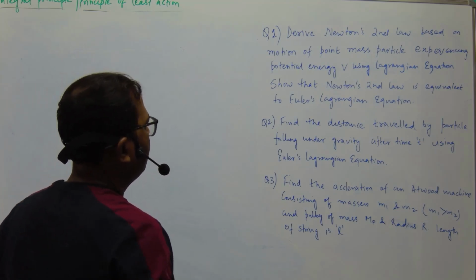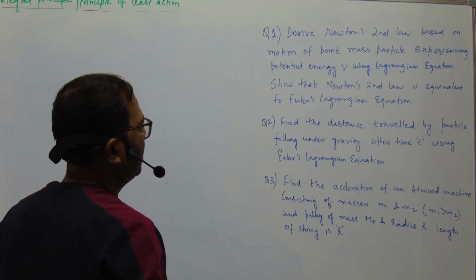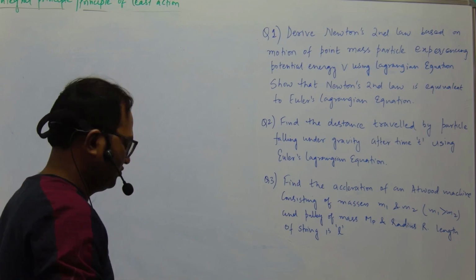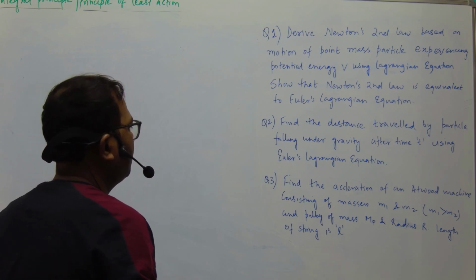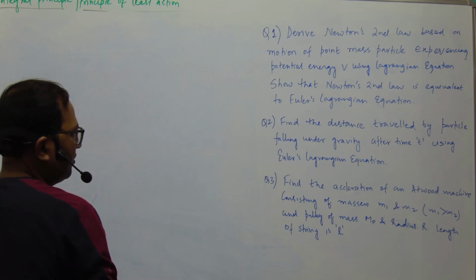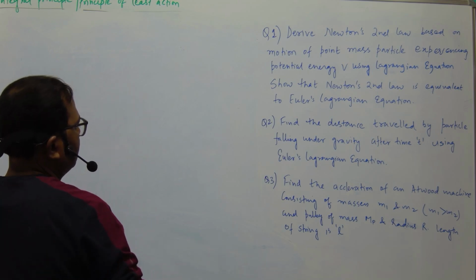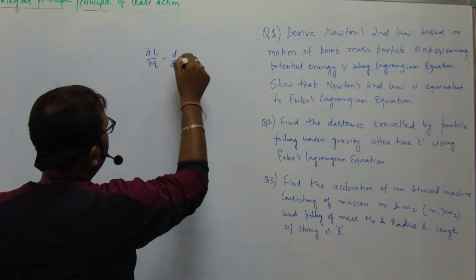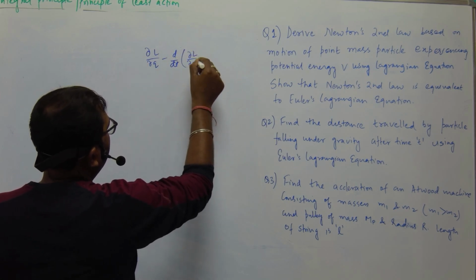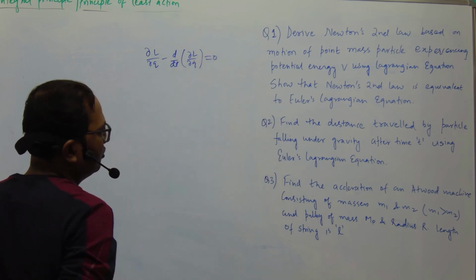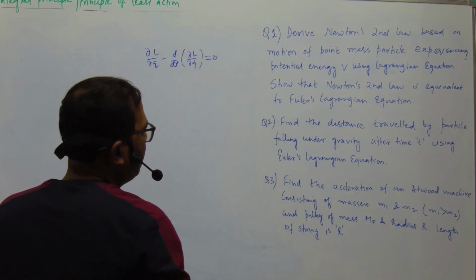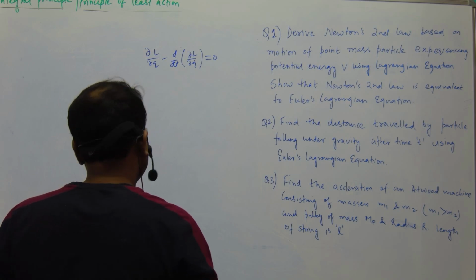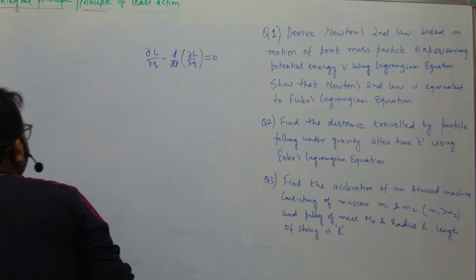Find the distance traveled by a particle falling under gravity after time t using Euler-Lagrange equation. What is Euler-Lagrange equation? This we have already discussed. We have the Euler-Lagrange equation as del L upon del q minus d upon dt of del L upon del q dot is equal to 0. Okay, so we have to find the distance traveled by the particle falling under gravity after time t. How can we find this?